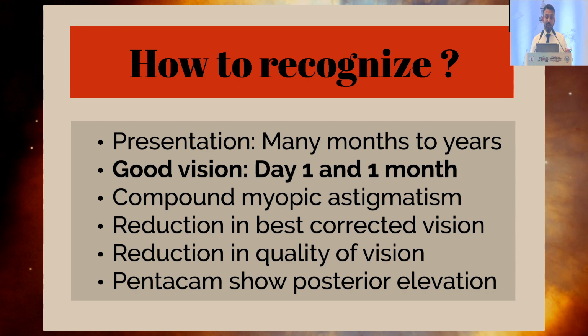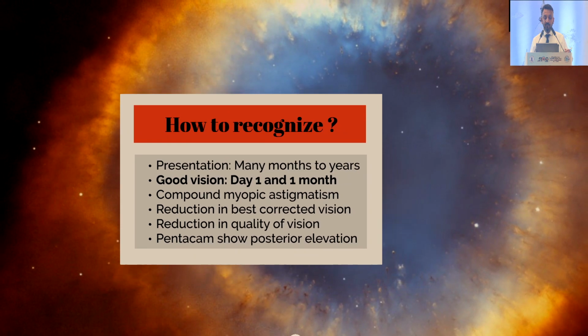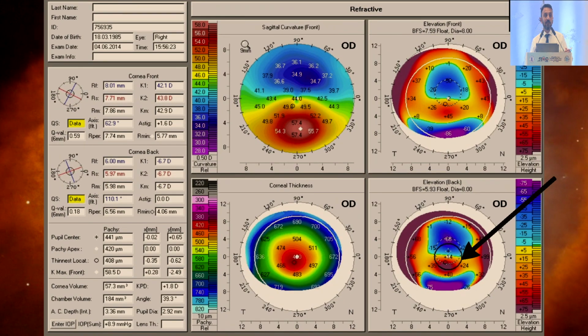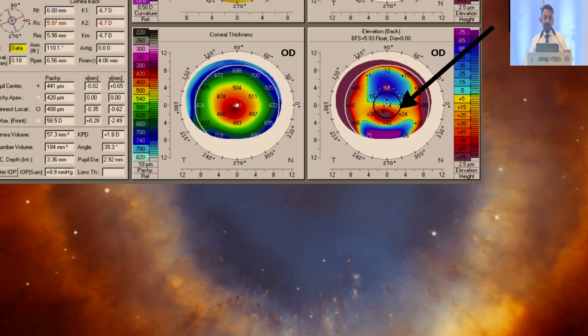It's usually compound myopic astigmatism, and the best corrected vision is usually less. Your elevation-based topographer shows posterior elevation, and that's a very important sign of post-LASIK ectasia. Whenever your posterior surface starts showing elevation, well, you are dealing with ectasia and nothing but ectasia.